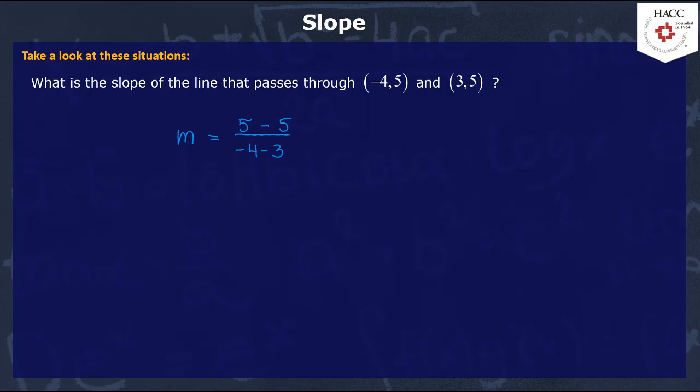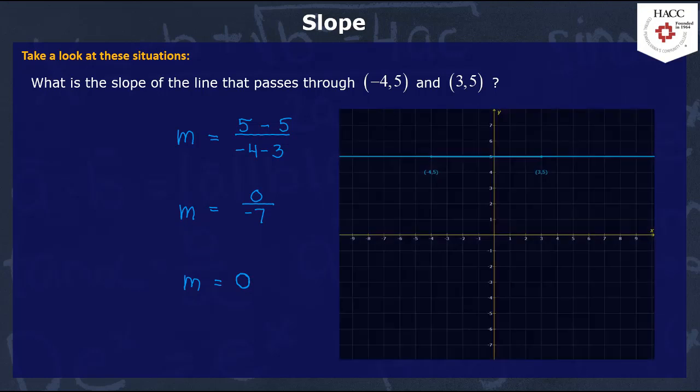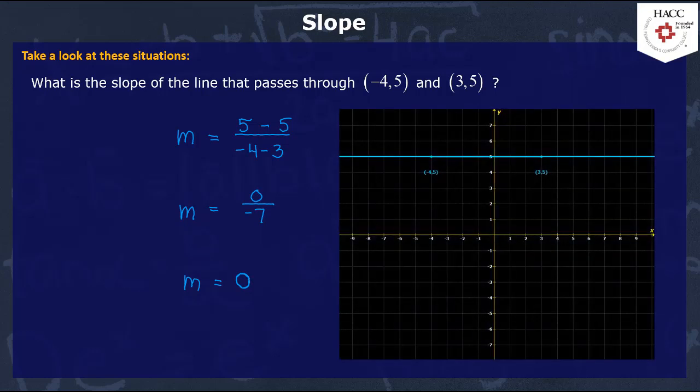Well, when you set up the slope formula, you would have 5 minus 5 on top over -4 minus 3, which would give you a slope of 0 over -7, which of course is 0, since 0 divided by any number is 0. If you actually plotted the 2 points and graphed the line through it, you would see that it is a horizontal line. So basically, when you have the slope equaling 0, the line is horizontal.